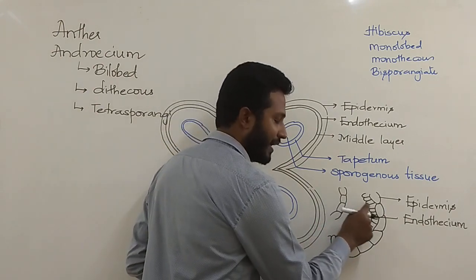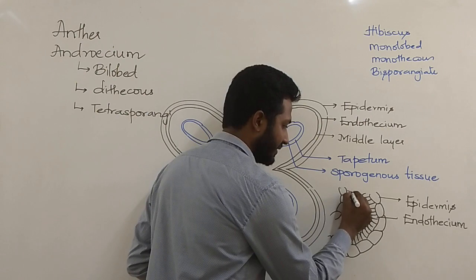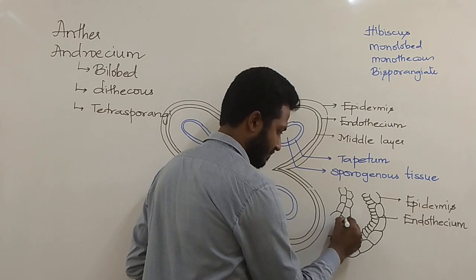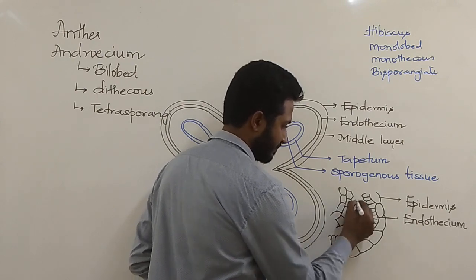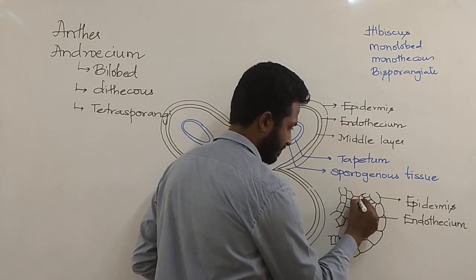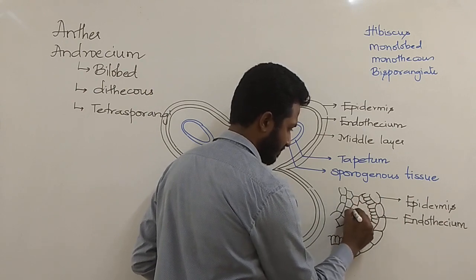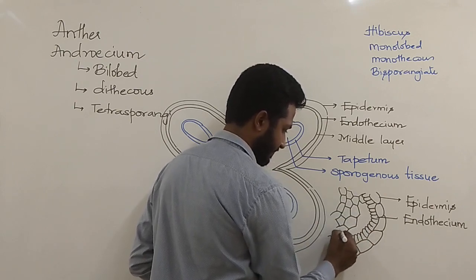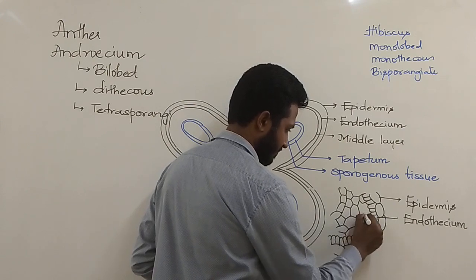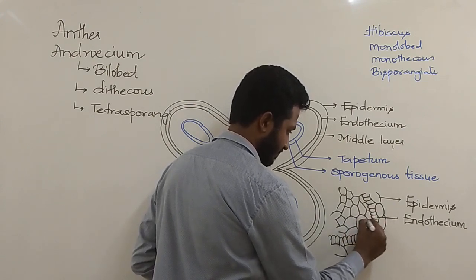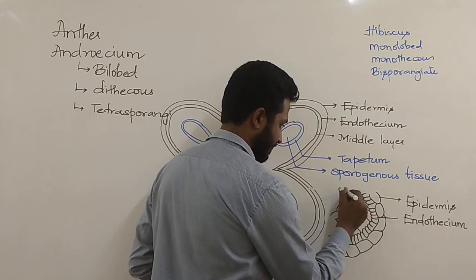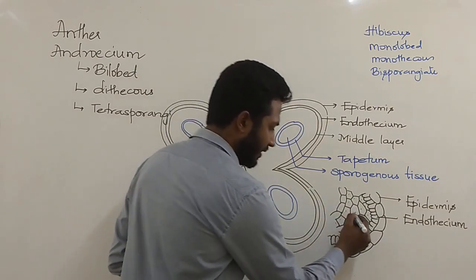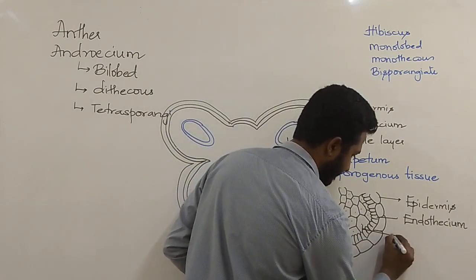Between this tapetum and the endothecium, you have polygonal cells. These polygonal shaped cells are known as the middle layer.